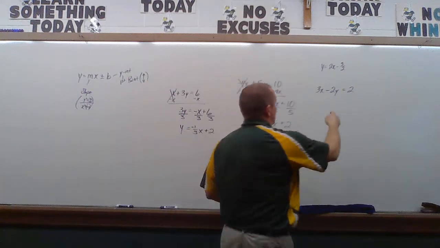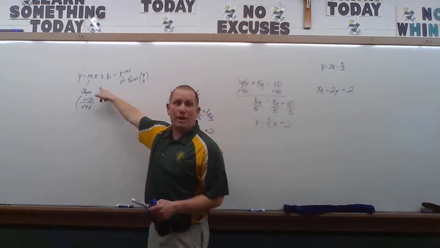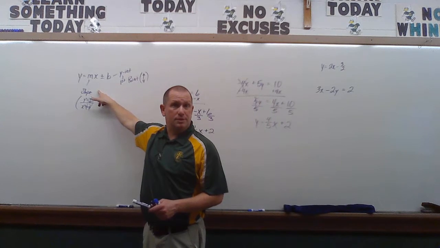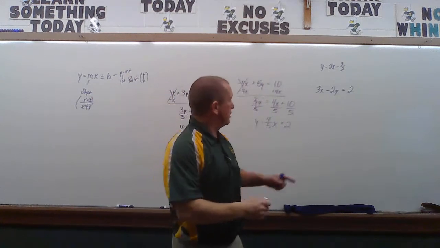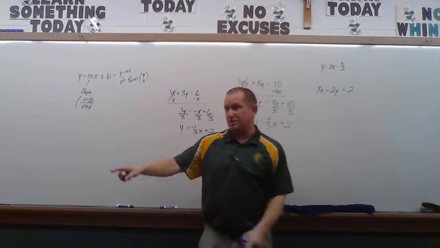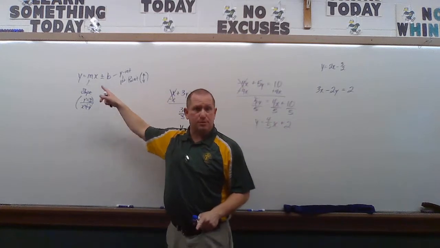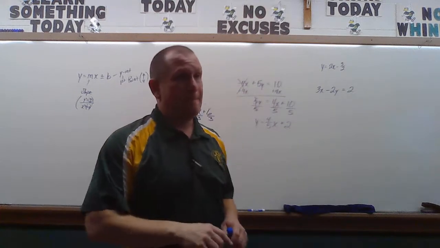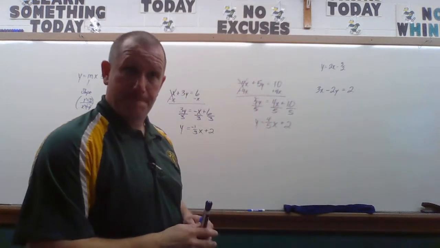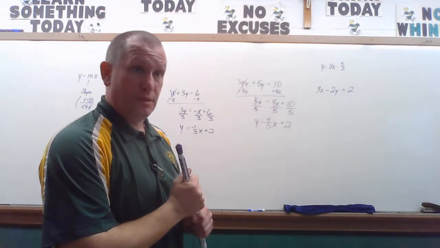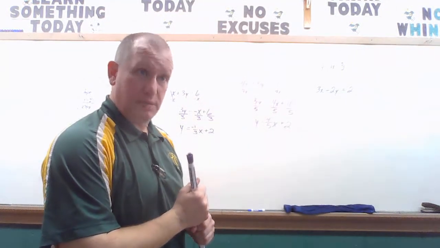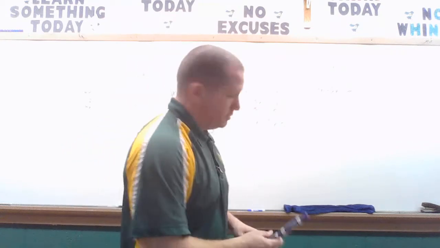So we're trying to write this in y equals mx plus b form. Okay? Trying to write this into y equals mx plus b. Yes, sir. Like the m, or like the slope, would be a whole number, would you just make it a fraction by putting it over 1? Yes, absolutely. Good comment.